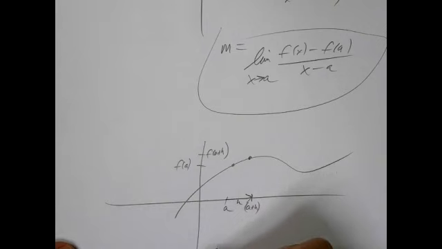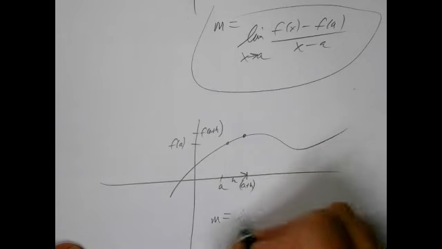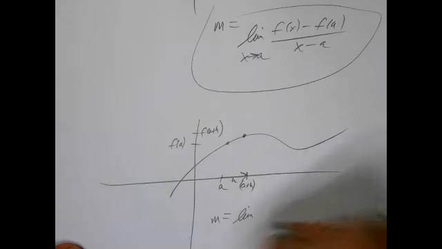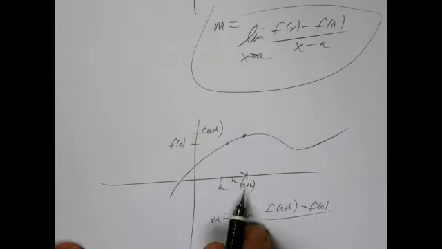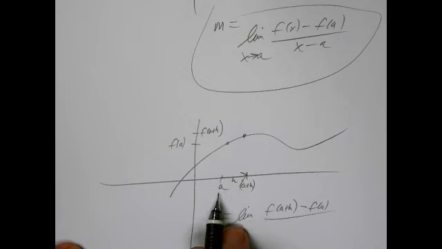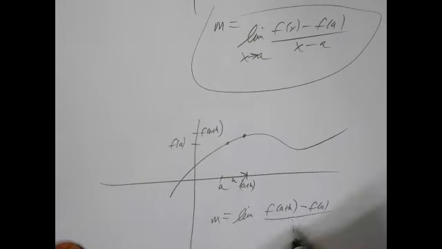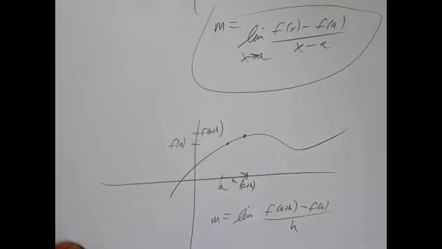And our slope then would become the limit, and it's the same quotient, but it's going to look different. It's going to be f of a plus h minus f of a, but you note that when you subtract these two, since I established the distance as being h, the denominator needs not end up being anything more complicated than h, and we'll let h approach 0.